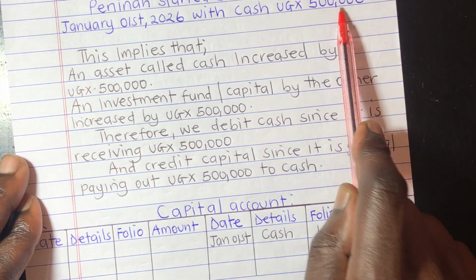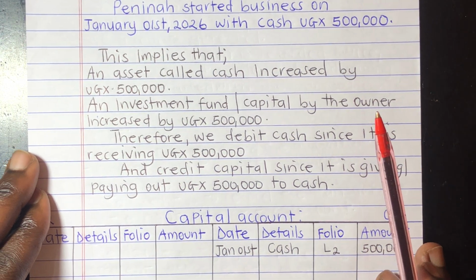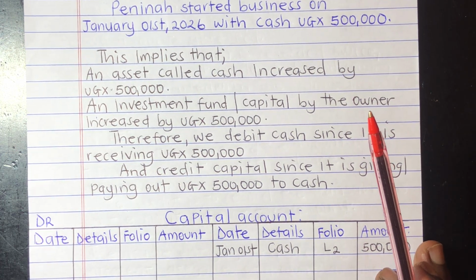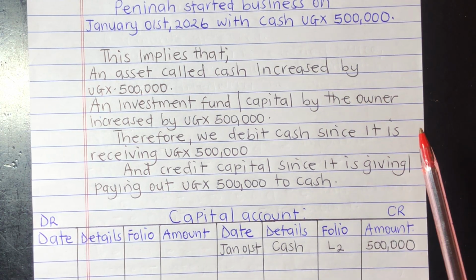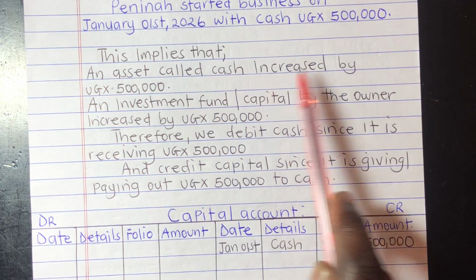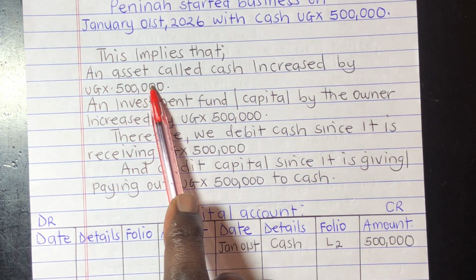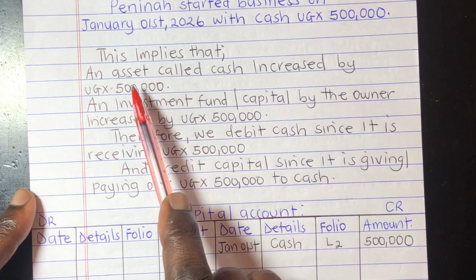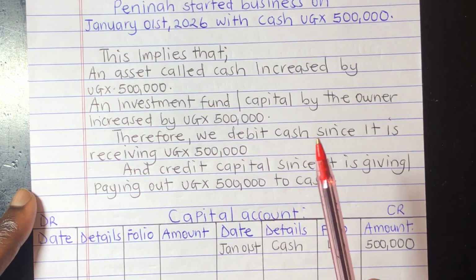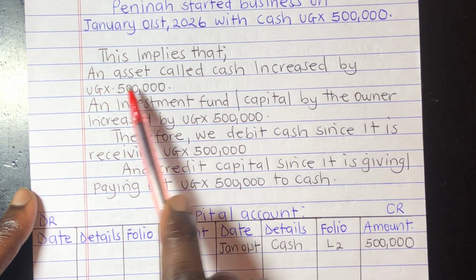cash 500,000, which is capital, is also called cash. Capital is cash, and cash is an asset. So an asset called cash increased by 500,000, meaning we are going to debit cash because it was increasing, because it is an asset. From our table, we said if an asset increases, we debit.